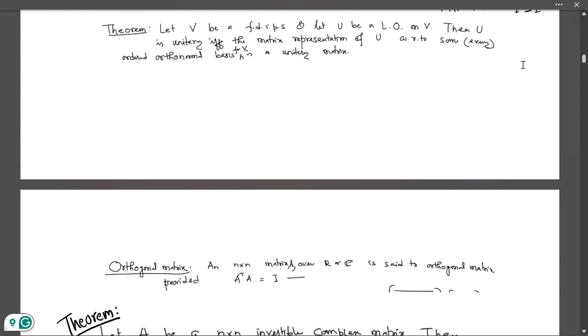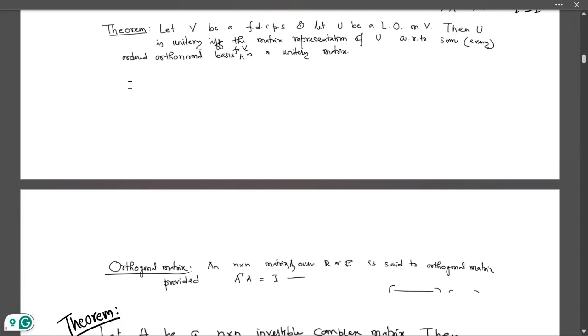Let V be a finite dimensional inner product space and U be a linear operator on V. Then U is unitary if and only if the matrix representation of U with respect to some ordered orthonormal basis is a unitary matrix. So there is a one-to-one correspondence between unitary operators and unitary matrices.